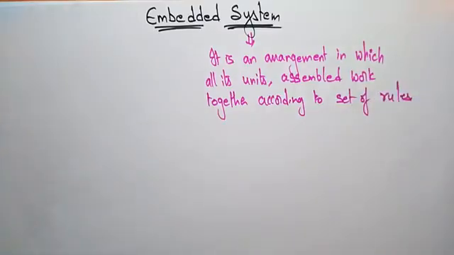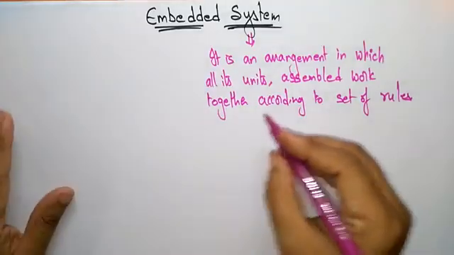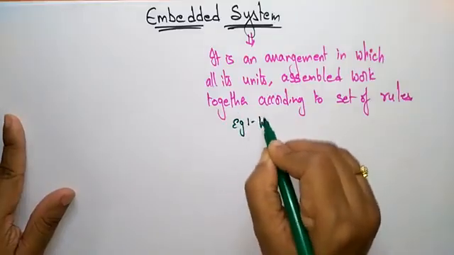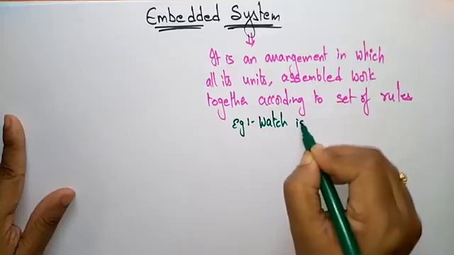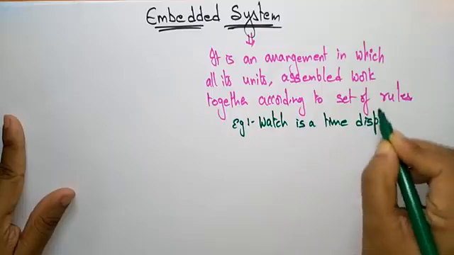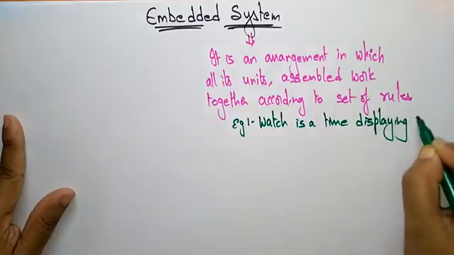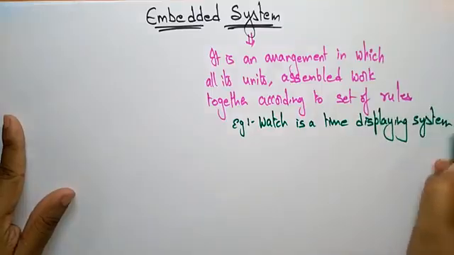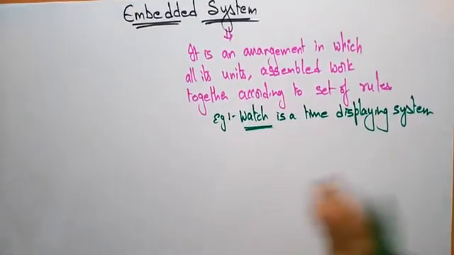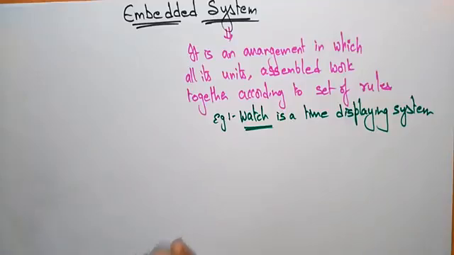Let's take an example, a watch. A watch is a time displaying system. So this watch is a system which is showing the time. Its components follow a set of rules to show the time.